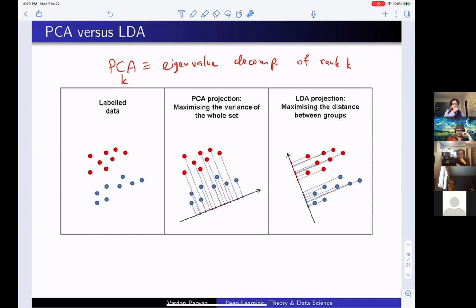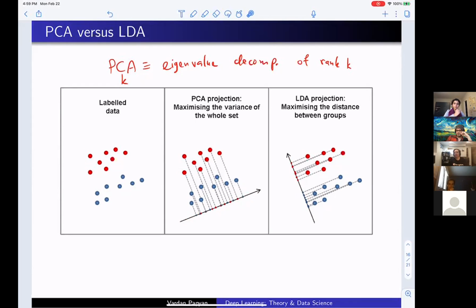Basically, in LDA, you are also picking a direction. So in both cases, your task is to pick a direction. But the difference between the two is that in PCA, you're picking a direction that maximizes the variance, whereas in LDA, you're picking a direction that's making the classes as separable as possible by maximizing the SNR.